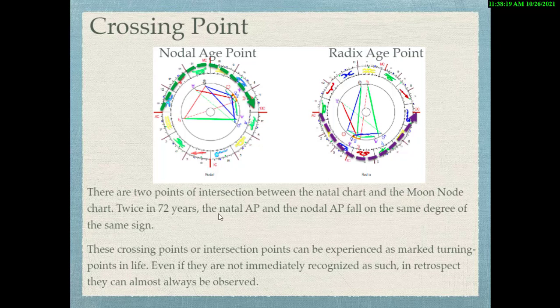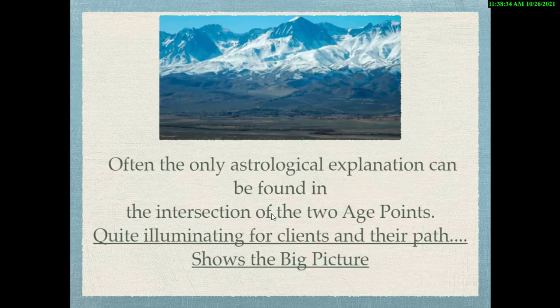In retrospect, they can usually be observed, and I rarely see any clients who can't directly relate to these experiences at a profound level. So I'll show you what this means. Often the only astrological explanation can be found in these intersections of these two age points. So let me bring these out and show you what we have.